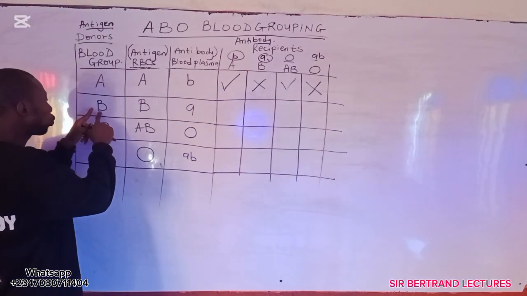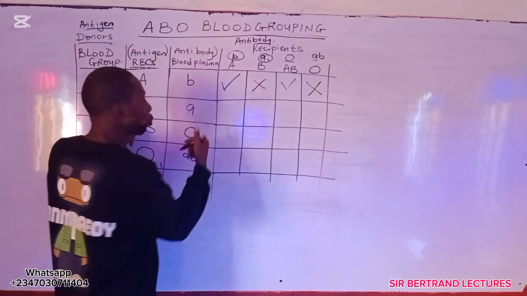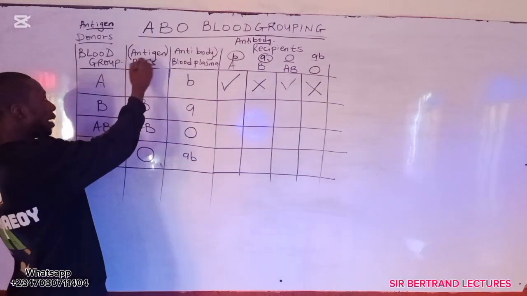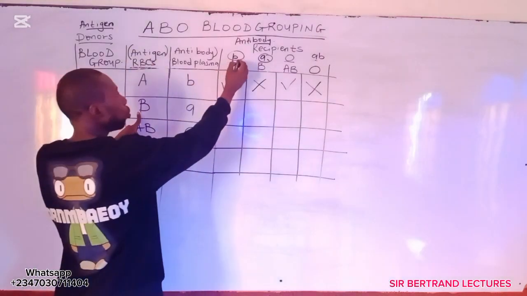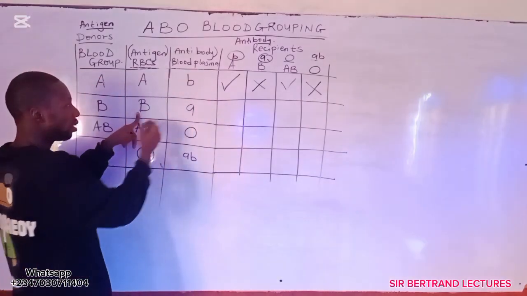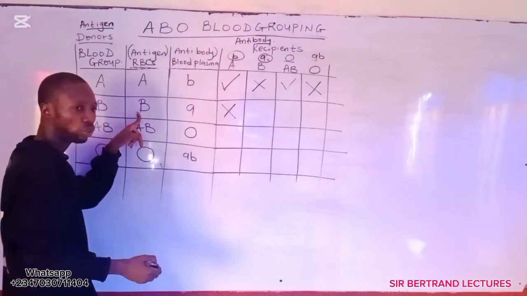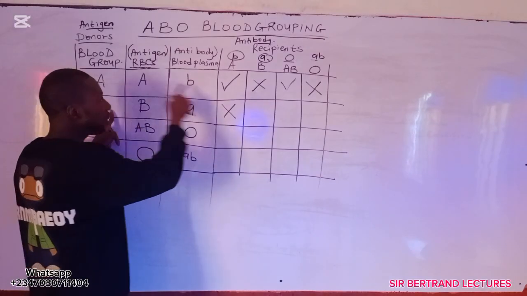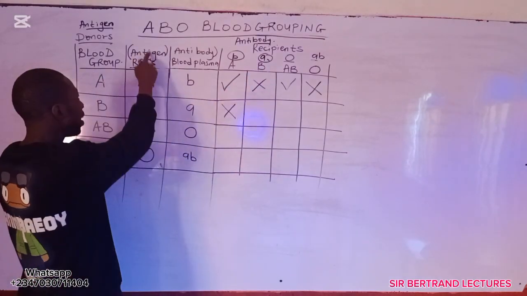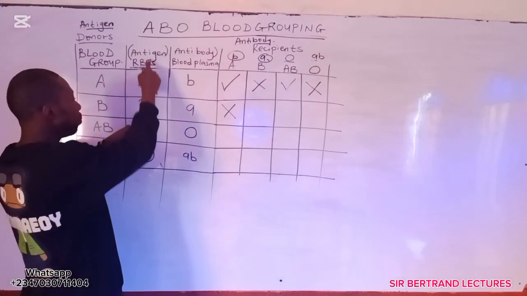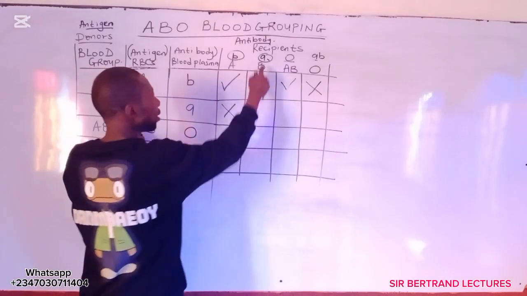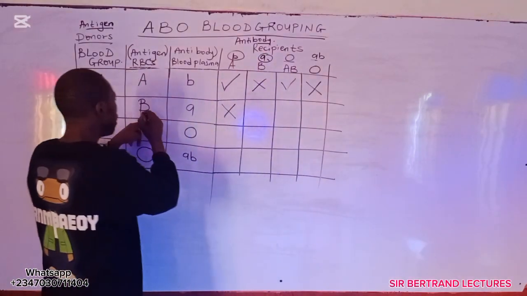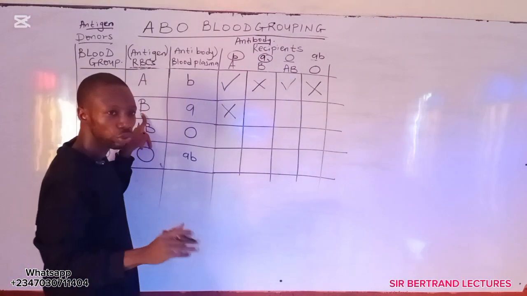Okay, then blood group B, can B give A blood? No, because antigen B is similar to antibody B. That is why the blood here cannot match together. Now, can blood group B give B blood? Look here, we have antigen B matching with antibody A. B and A are not similar.